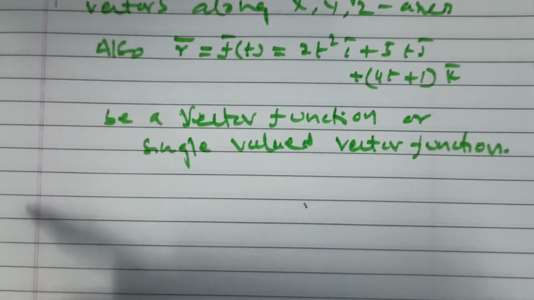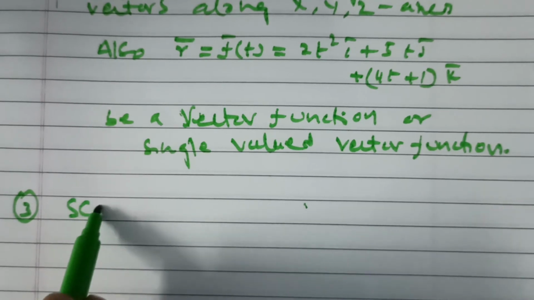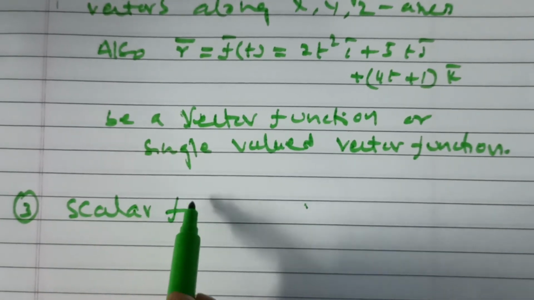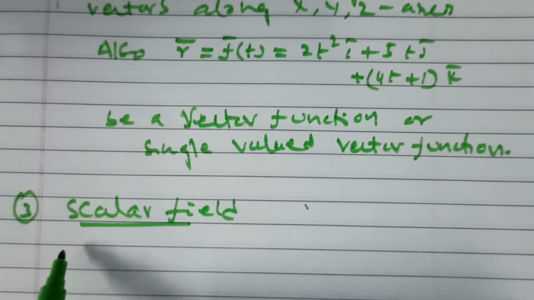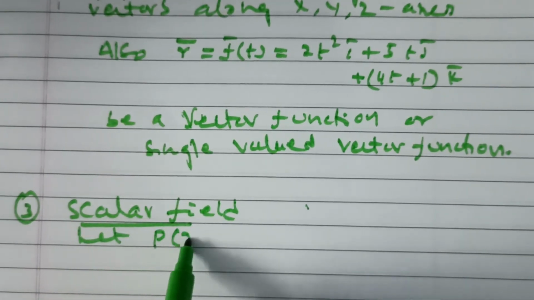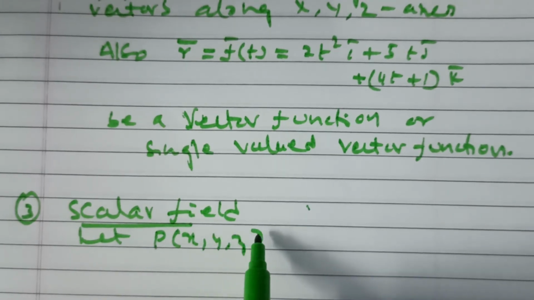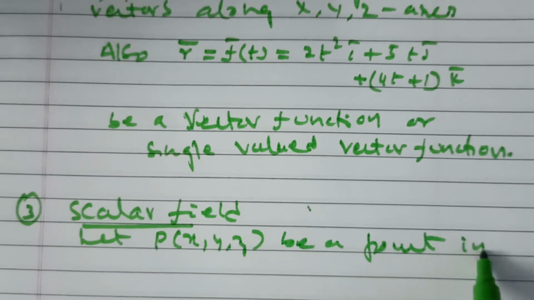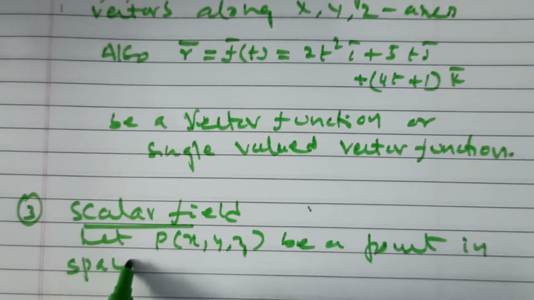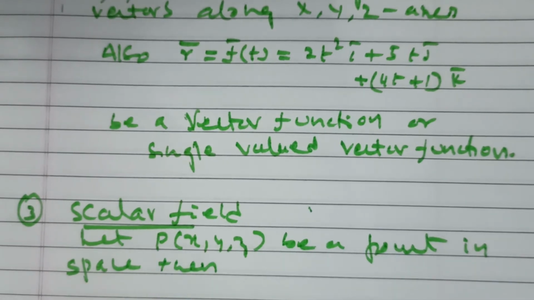Next, third definition: scalar field. Let P of x, y, z be a point in space, then the figure we will take here.